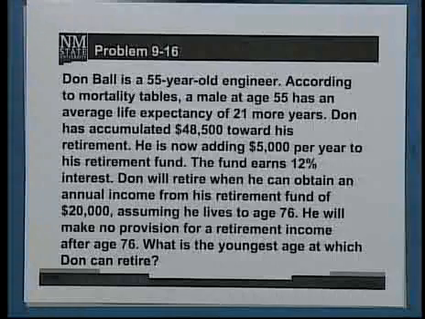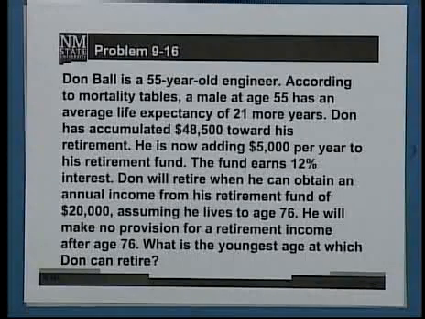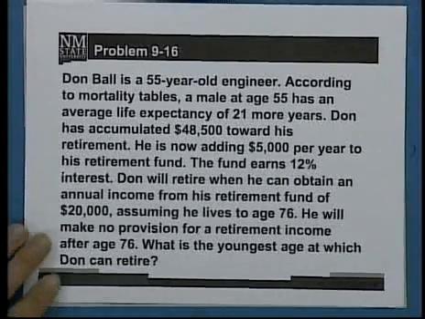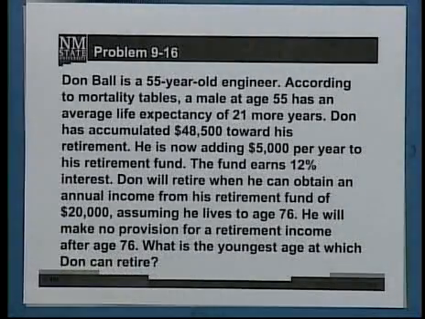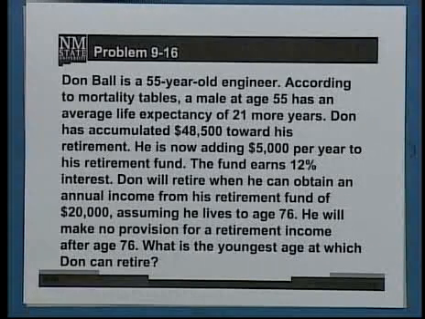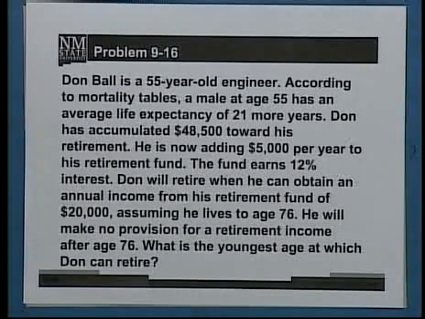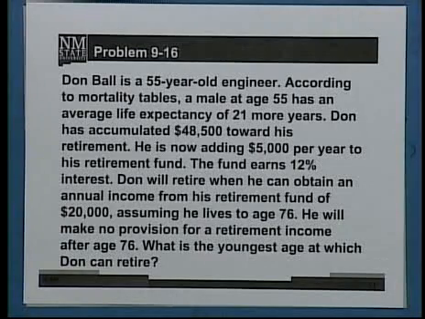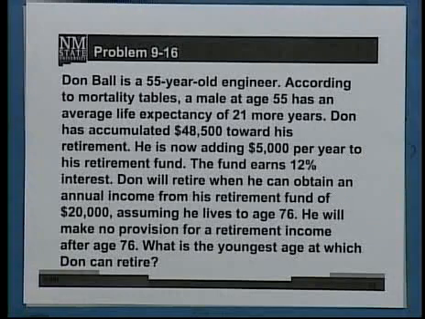Well, let's solve problem 9-16 instead of 9-14. Okay, so Don is a 55-year-old engineer. According to mortality tables, a male at age 55 has an average life expectancy of 21 more years. He has accumulated $48,500 toward his retirement.